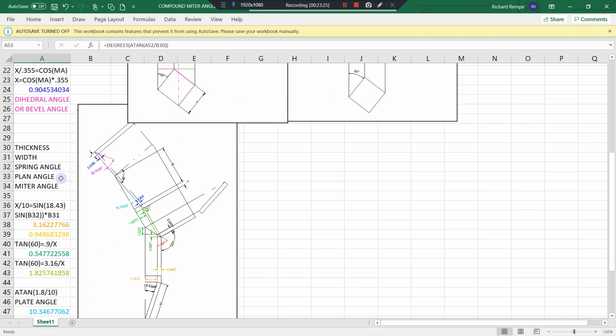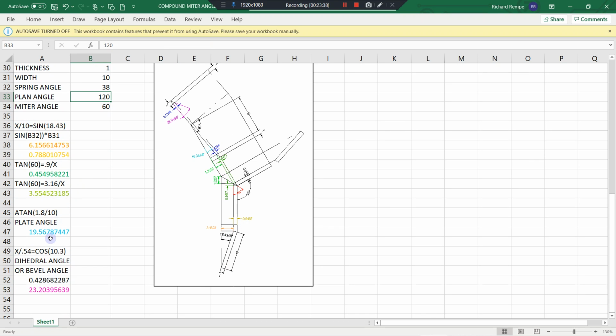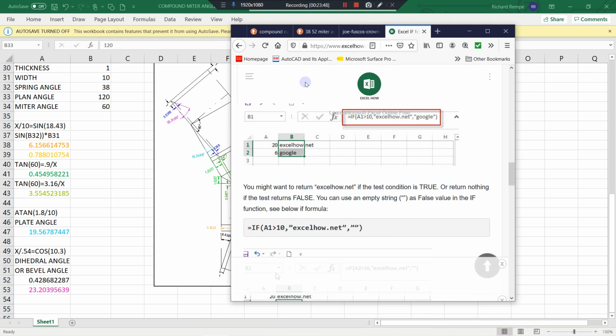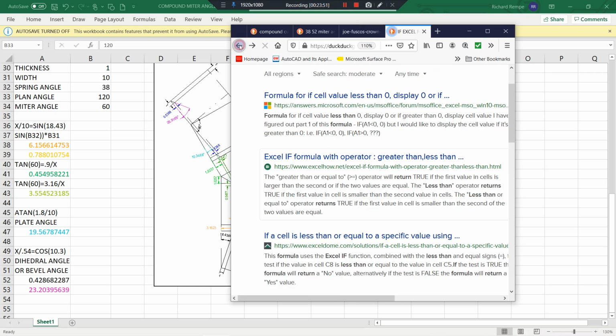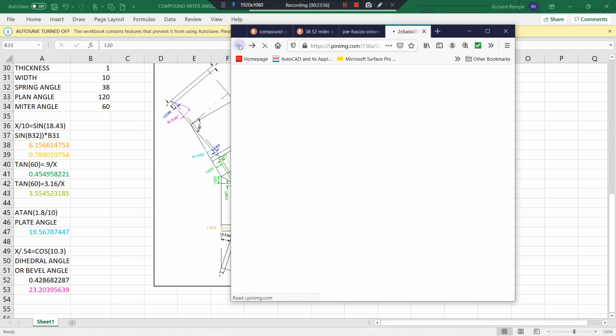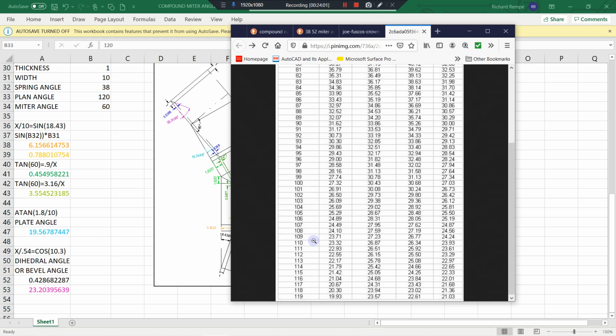So then you can run through and check those. We can change these dimensions to 110. So if that was 38, enter, and 120, you can look at those two angles there, and check it against one of the charts. I think there's a chart here. Here we go, 90 degrees or 120 degrees.